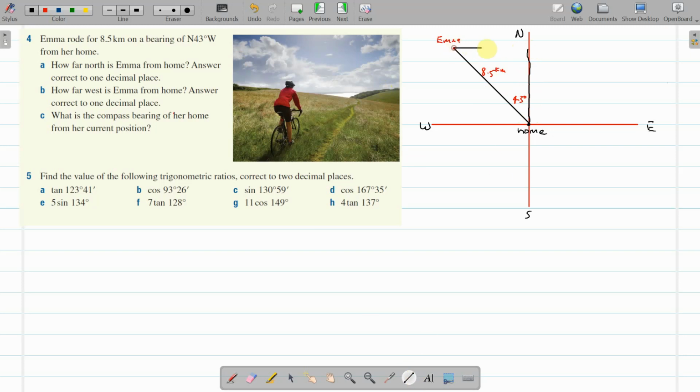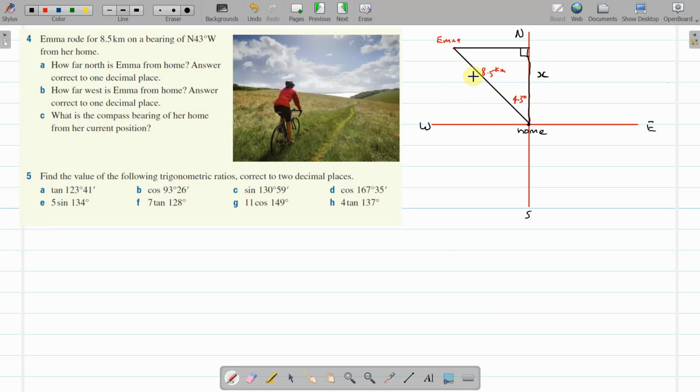I'll just complete that triangle. We're asked after this distance, we'll call it x, how far north has she gone along there? Now we've got our right angle.